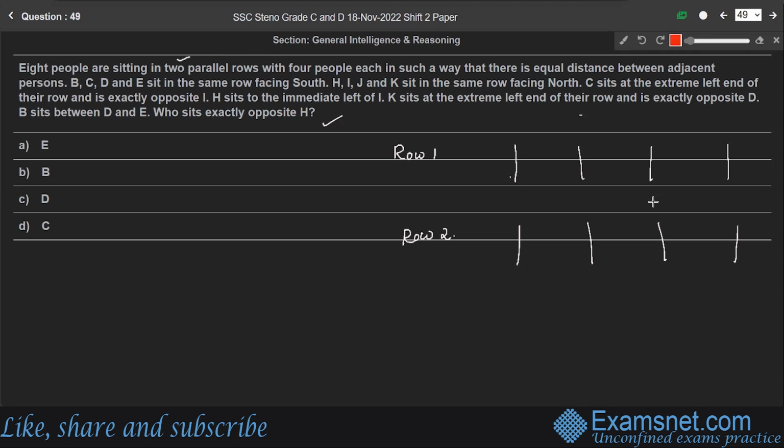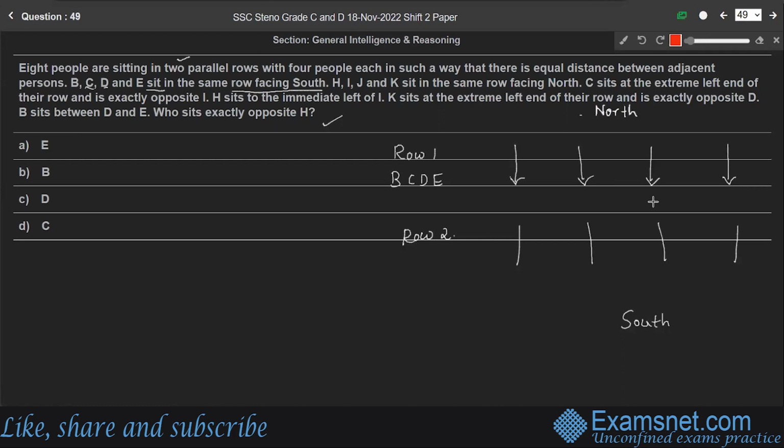So it is given that B, C, D and E sit in the same row facing south. So in row 1, B, C, D and E. These 4 are sitting. So I'll write here B, C, D and E are sitting in row 1. They are facing south. That means this direction. So I'll mention the direction also, south and north. This is north, right? South and north.